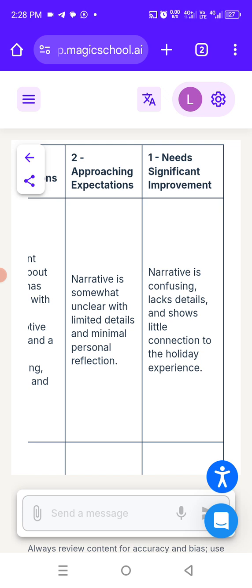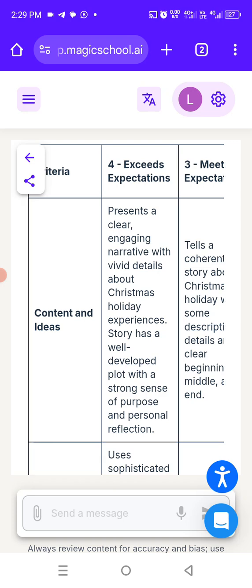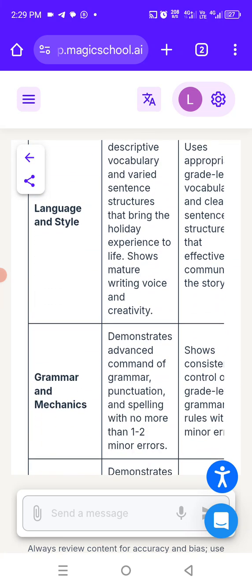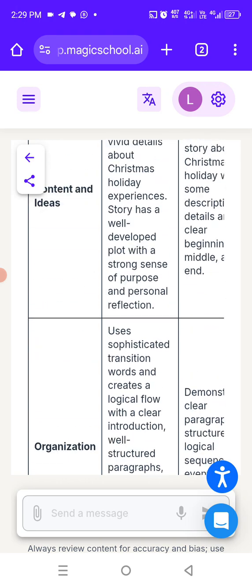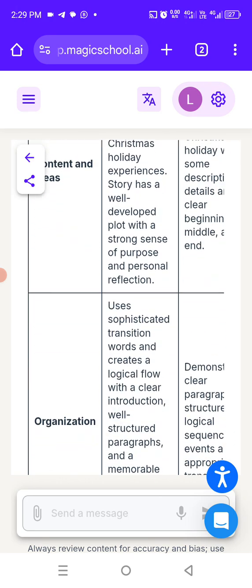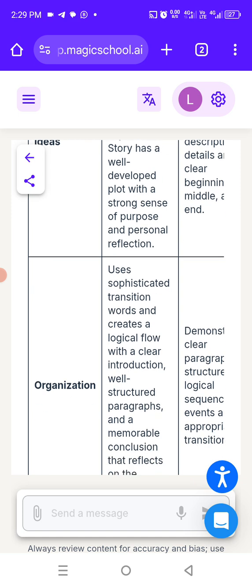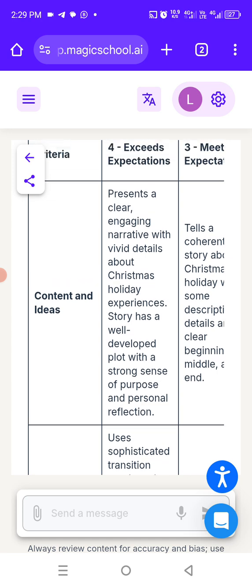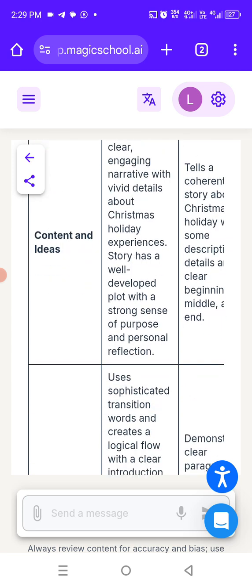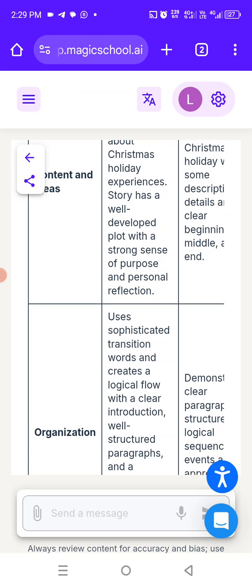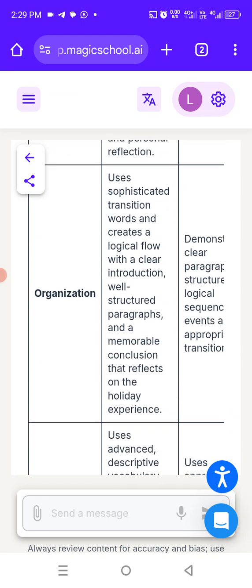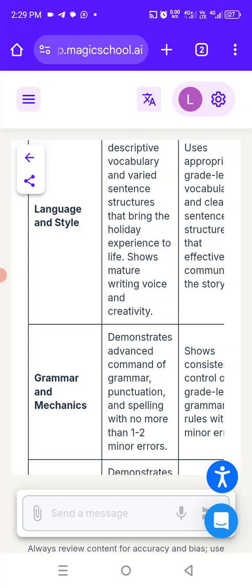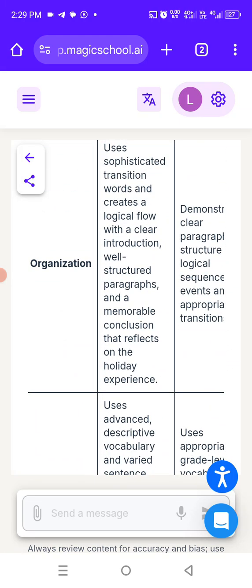Let's say it's over 20, so each of these criteria will be 5 marks: content and ideas 5 marks, organization 5 marks, language and style 5 marks, grammar and mechanics 5 marks, making 20 marks.